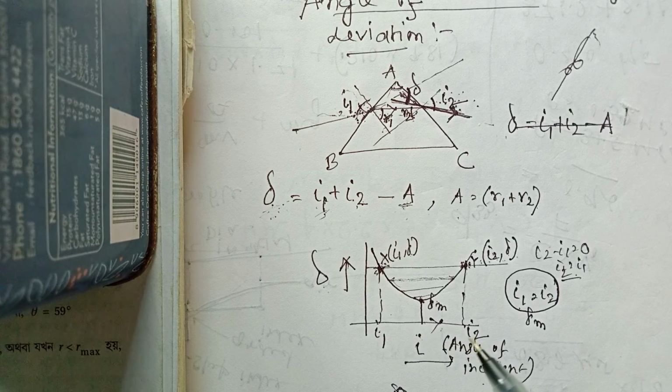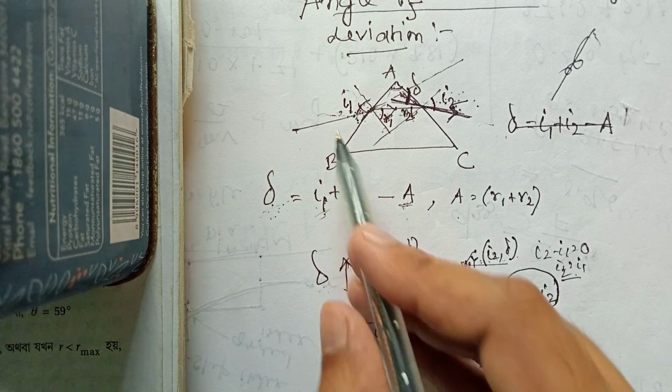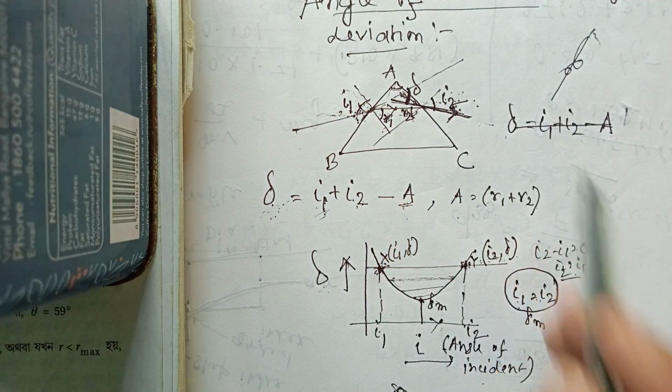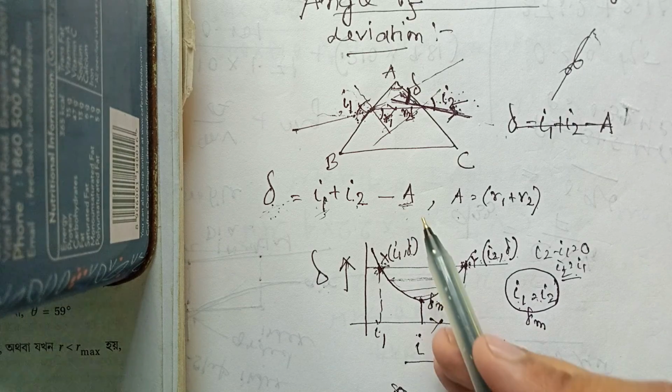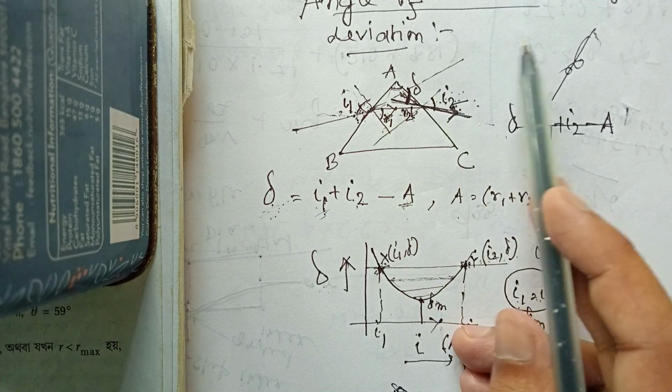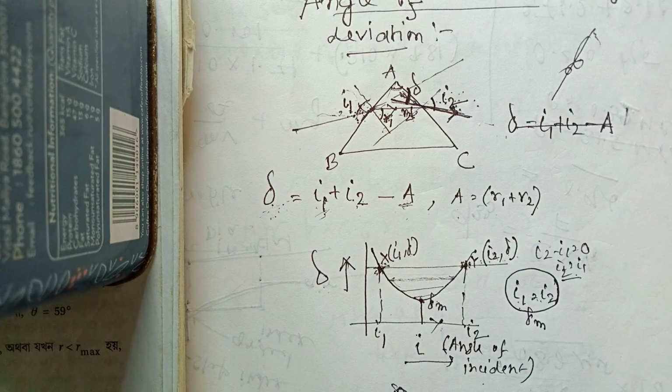So for achieving the angle of minimum deviation, the condition is that I1 should be equal to I2. Angle of incidence should be equal to angle of exit. This is the condition for achieving minimum deviation, the angle of minimum deviation.